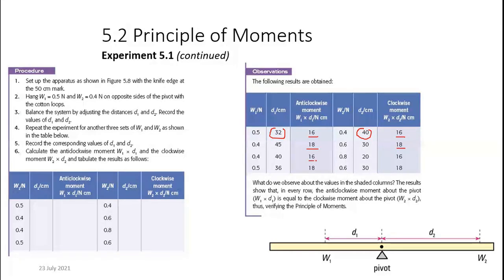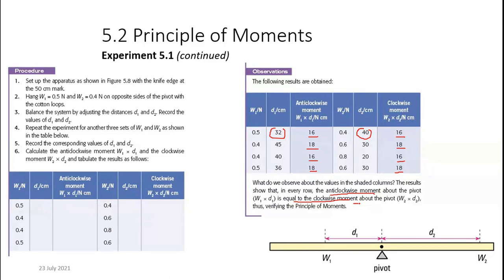So we can conclude based on this experiment that the principle of moments shows that the anti-clockwise moment is equal to the clockwise moment about the pivot.